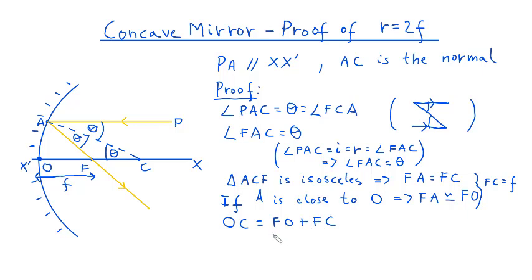Now, what do we know about these things here? As we said, FO is just the focal length, so this is F. We also proved here that FC, this distance from here to here, is also F. So that means F plus F is 2F.